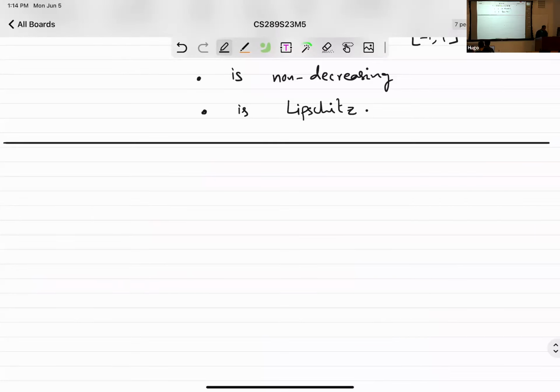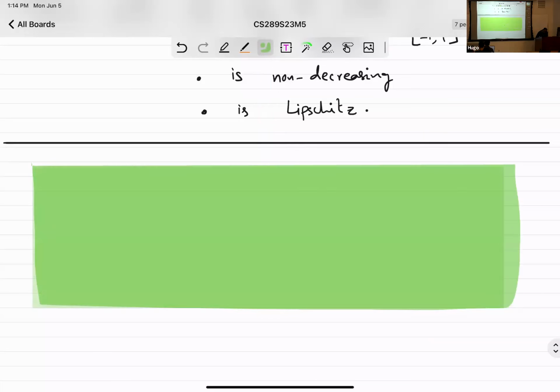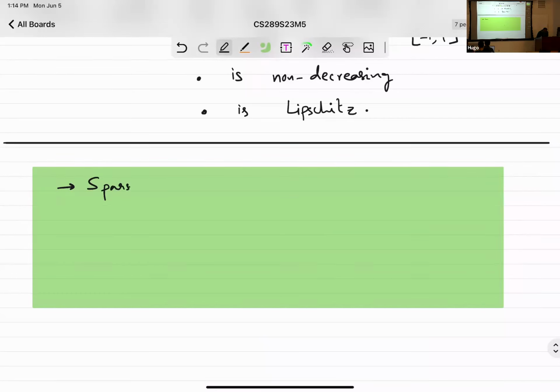So let me summarize what we did, and then I'll tell you one other thing. Okay, so what did we just see? We saw how to solve sparse generalized linear models with logarithmic sample complexity.